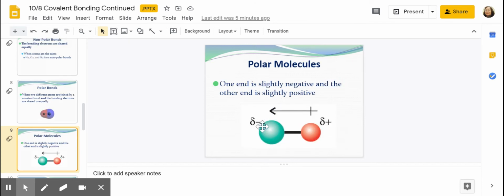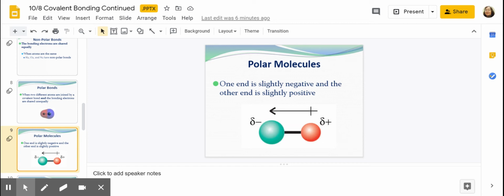One side has more electrons, so the shared electrons are moving more around one of the atoms, making it partially negative because the electrons are moving more around this one. When it's partially negative, we use this sign, we call it sigma. So we use sigma negative to mean this is partially negative. It's not a whole charge.